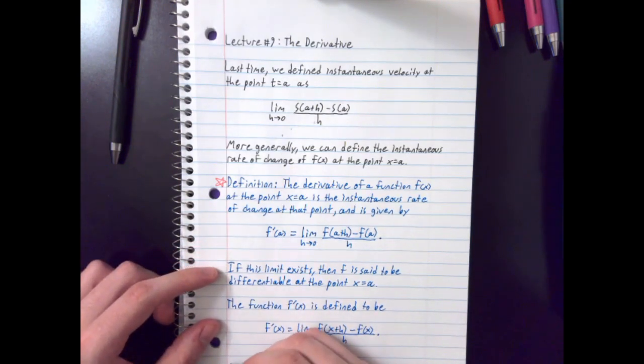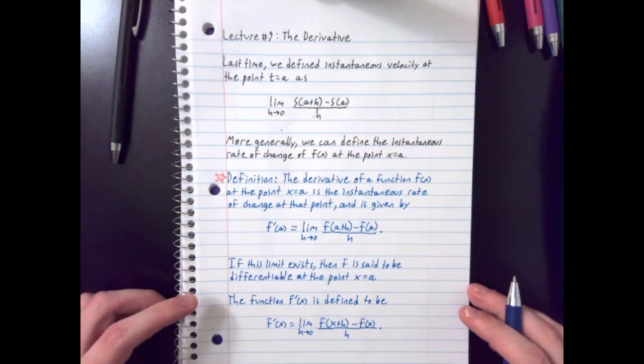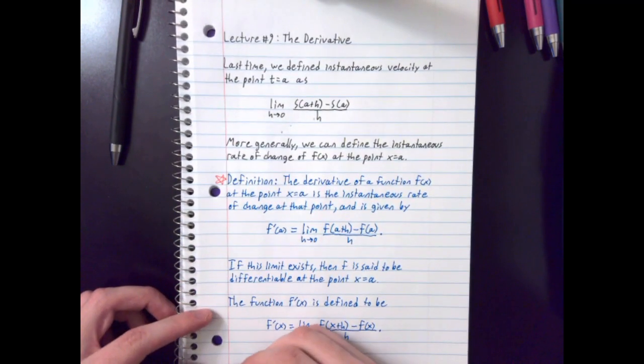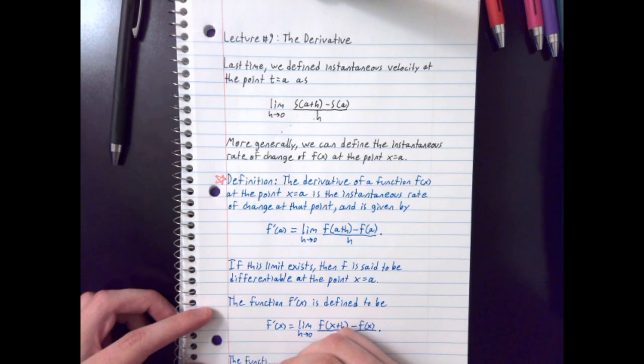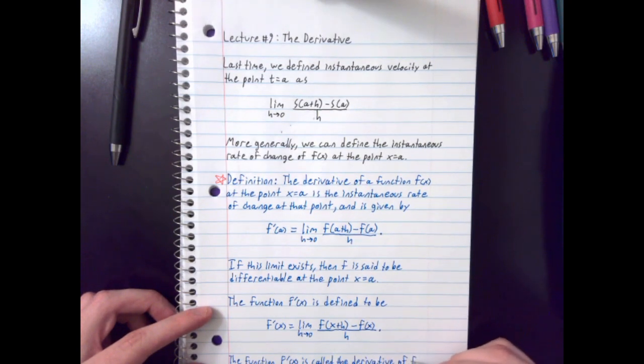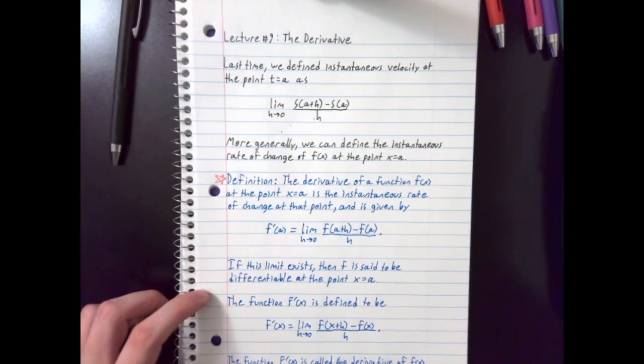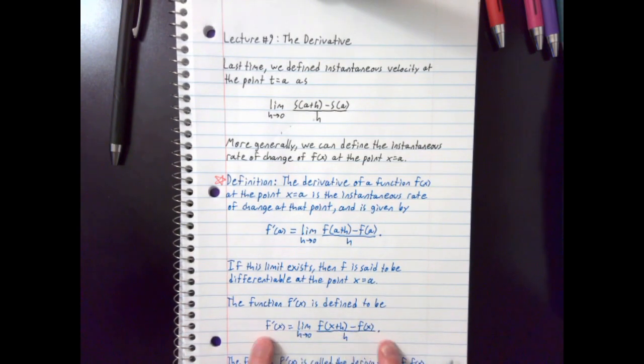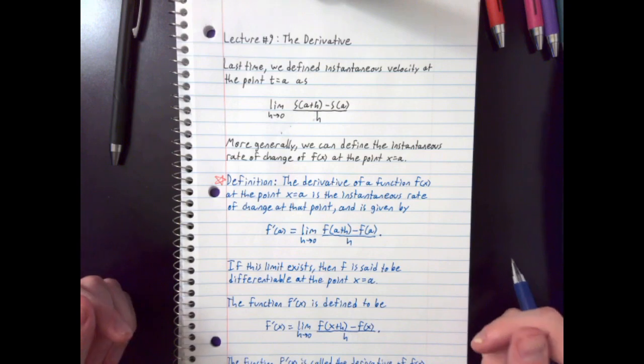And then finally, I'm getting to the bottom of the page here. The function f prime of x is called the derivative of f of x, presupposing that this limit exists at all the values of x that we're interested in.